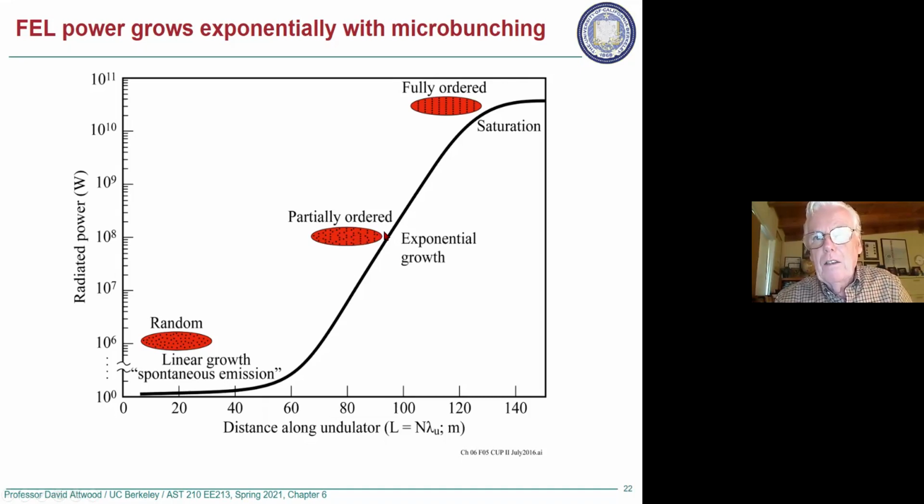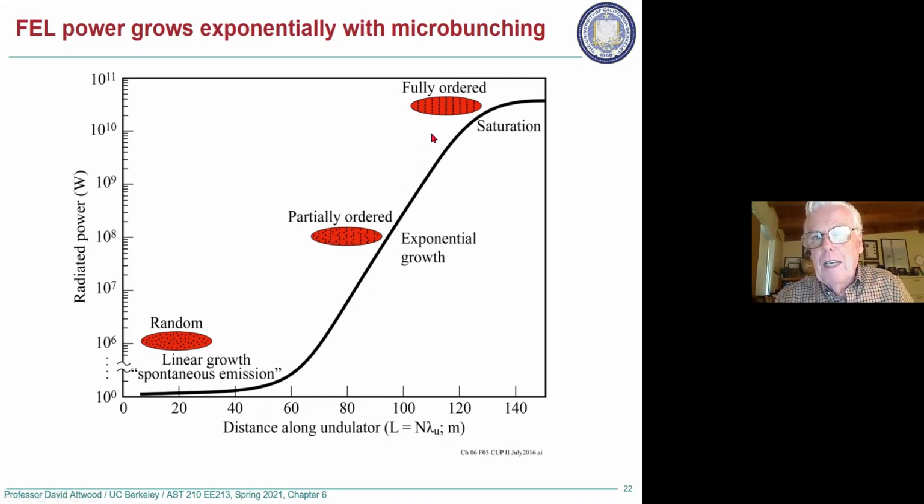And then it goes up. And by the way, to get this ordering, energy has got to come from the electrons to the photons. So there's an energy transfer here from the beam electrons to the radiation. Has to be, right? Conservation of energy. But it's a pretty substantial thing.